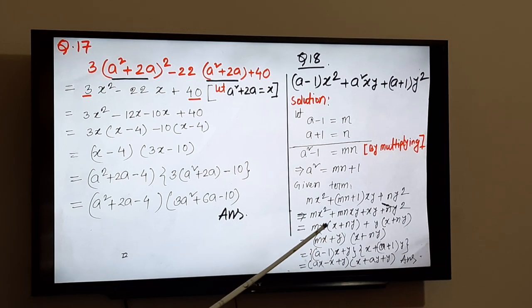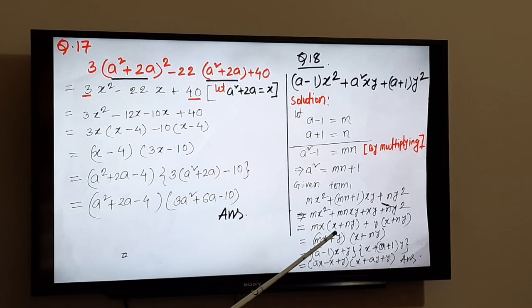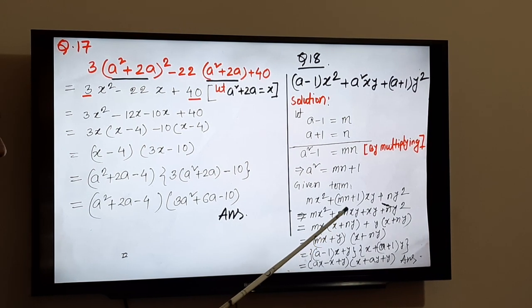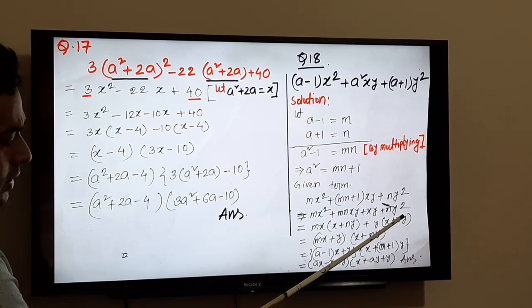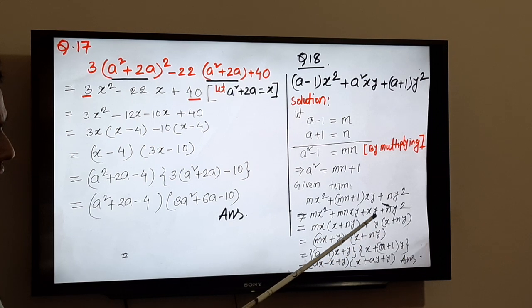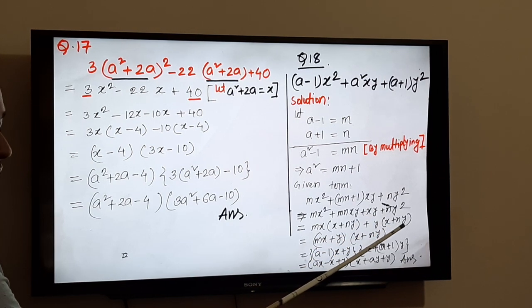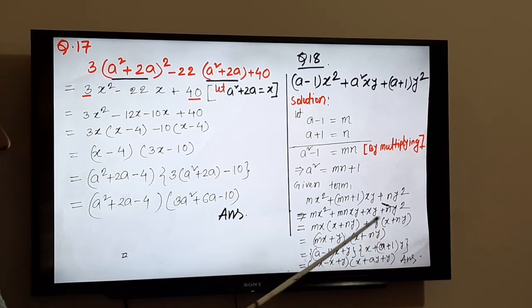Consider the first two terms, mx common, so the remaining terms are x and ny. And consider the last two, common y, and the remaining term x + ny. Both x + ny are equal, and the remaining is mx + y.